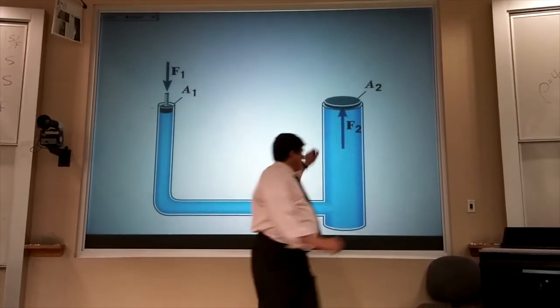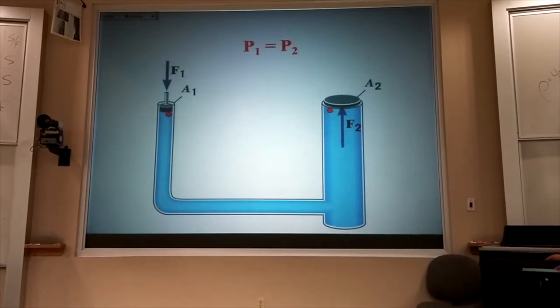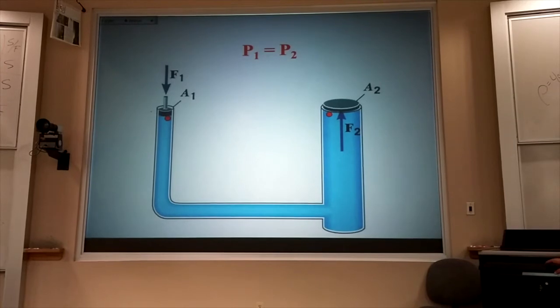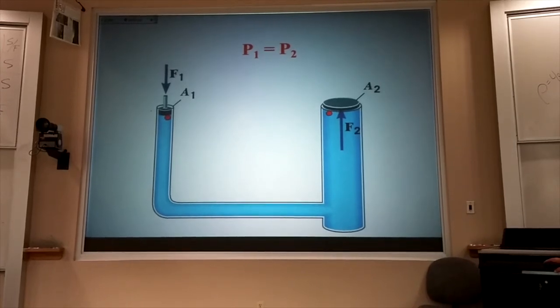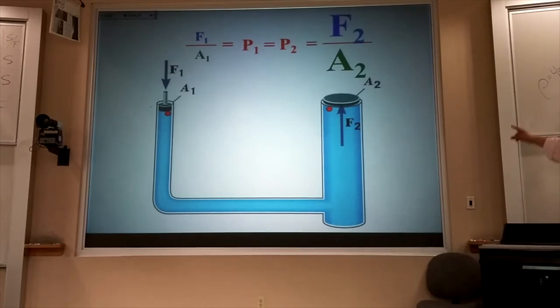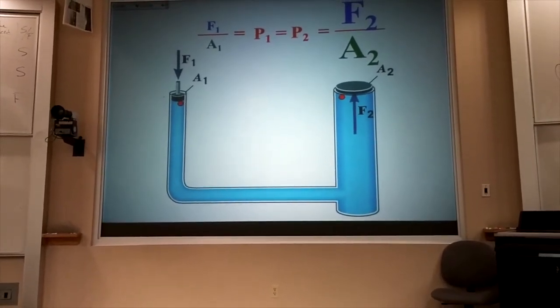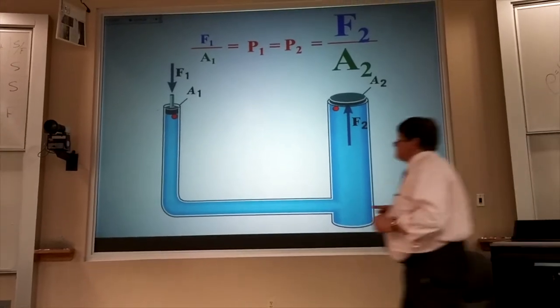And that means, since the pressure at the surface is going to be the same depth, that means if I look at the force, if this one has 10 times the area, I'm going to get 10 times the force. Now think about that.